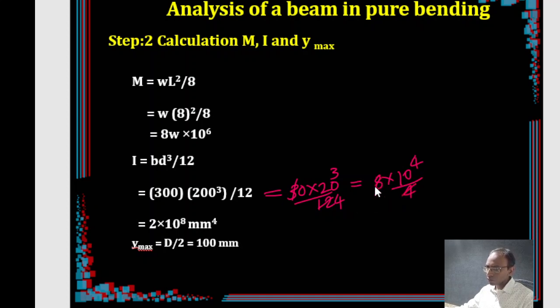So 4 goes 2 times, you will be getting 2 times 10 to the power 4 centimeter power 4, which can be converted to mm power 4 by multiplying with one more 10 power 4, so it becomes 10 to the power 8.